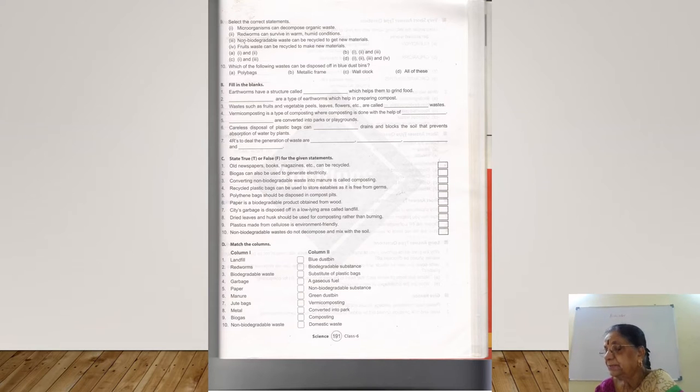Then landfills are converted into parks or playgrounds. Then careless disposal will choke the drain. Then the 4 Rs are reduce, reuse, recycle and recover. I hope you understand this.